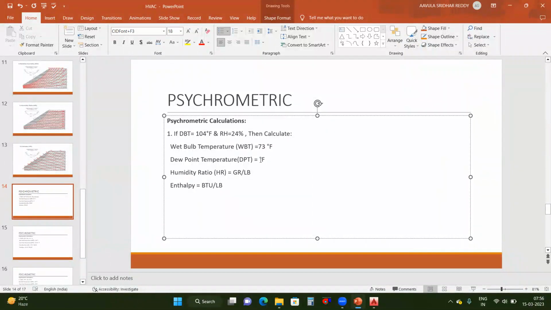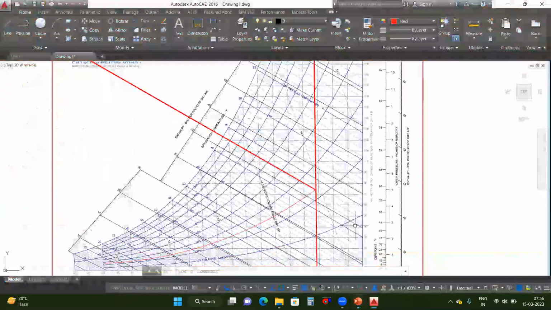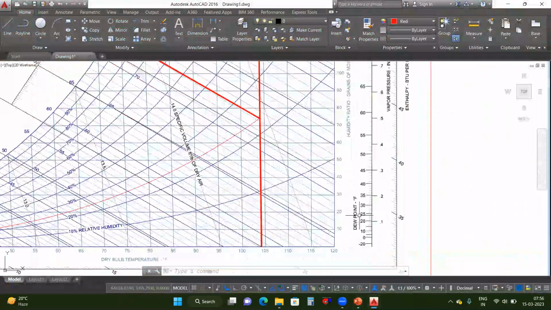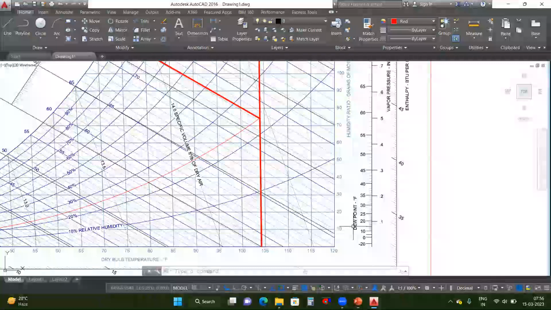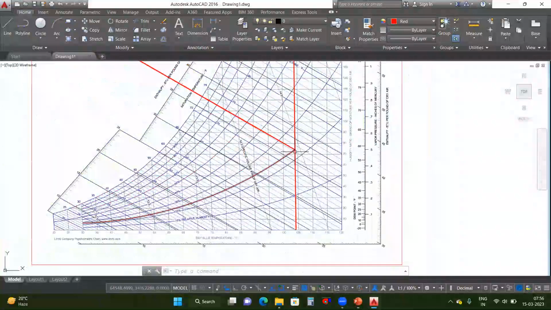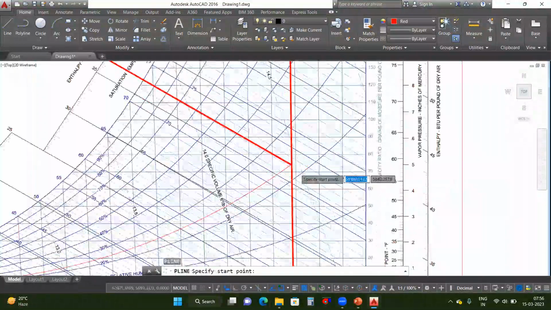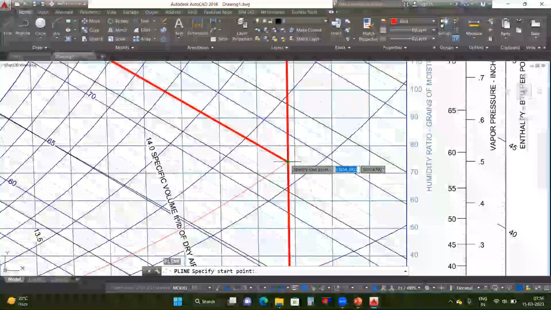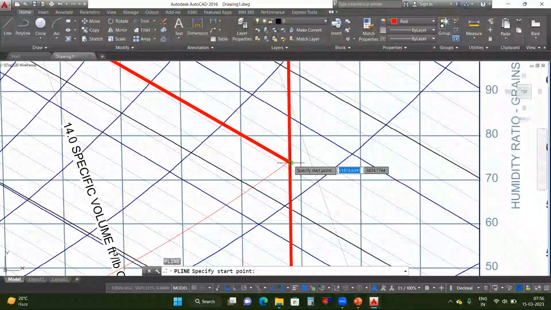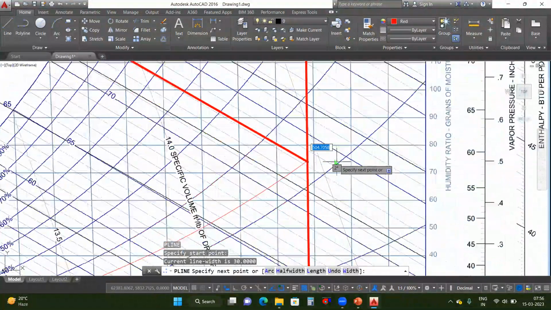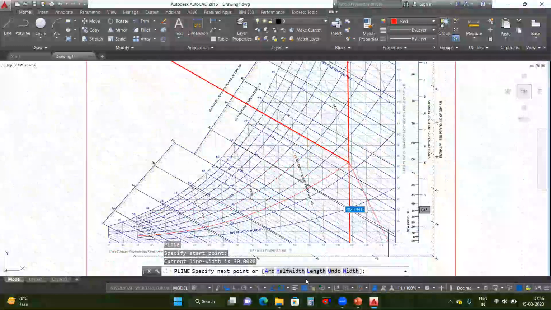So the wet bulb is 73 degree Fahrenheit. And the next one is dew point temperature. The dew point temperature lines are here. We need to draw a straight horizontal line from the point where these two lines meet, and all the values we need to take from that point.